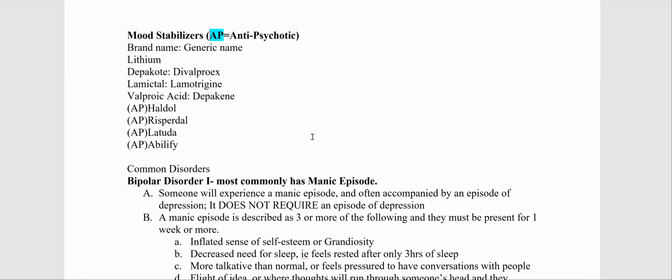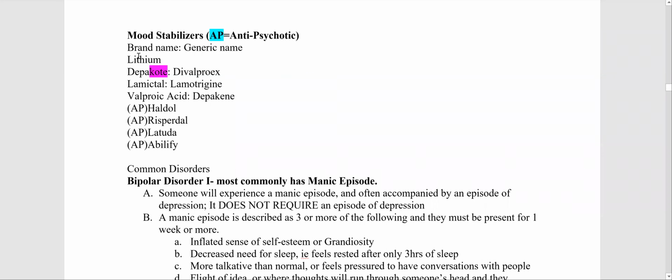So you just have to memorize or get familiar with these ones because there's not any real tricks, with the exception of Depakote, because Depakote helps to coat the mood and make it better. But other than that, there's not any real tricks related to those.